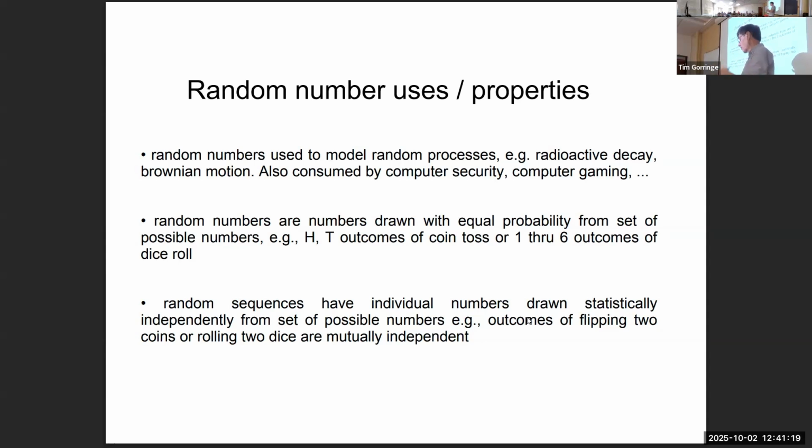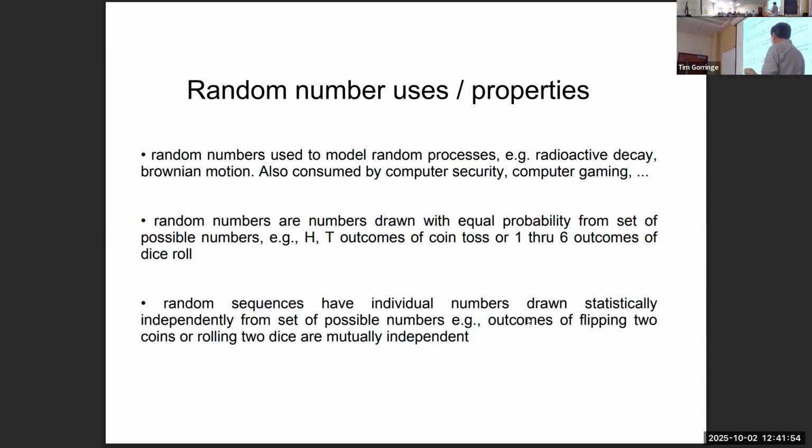Another example would be playing cards: a selection from 52 playing cards with equal probability. We would use random numbers for simulating that. So that's the meaning of a random number: a number picked with equal probability from a complete set of possibilities.